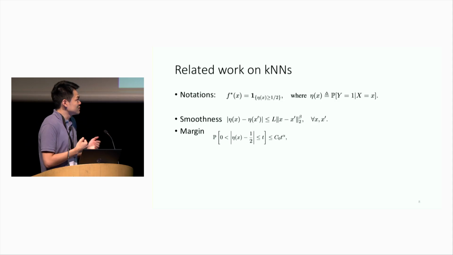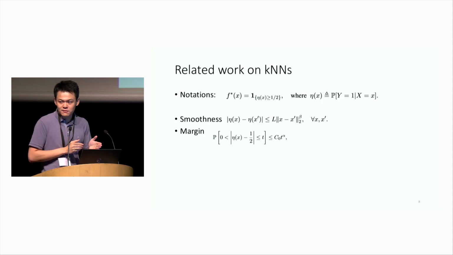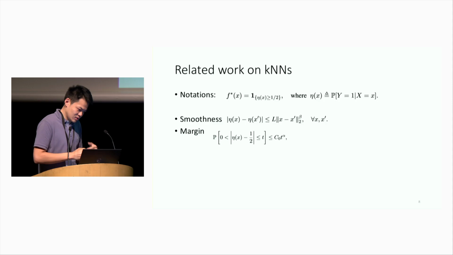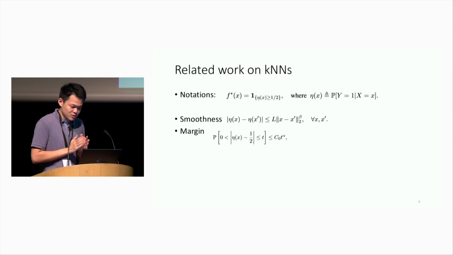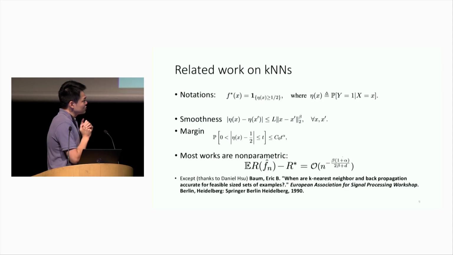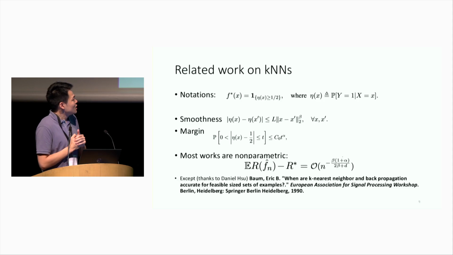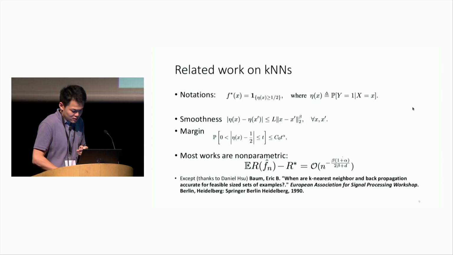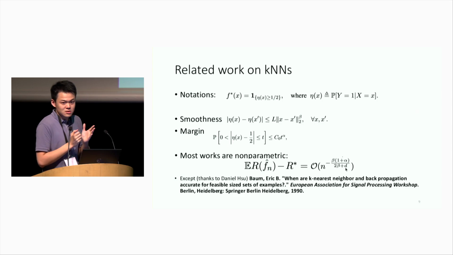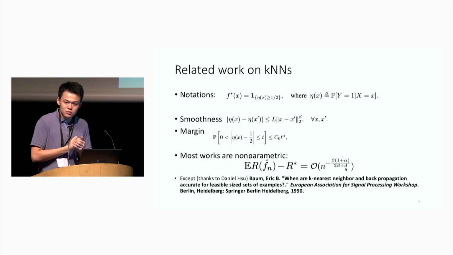The other is margin, which says eta has some nice property separating it from the 1/2 boundary. These are the typical smoothness and margin conditions in classification, not particular to k-nearest neighbors. Prior to our work, most of the known rates fall in this type of expression, and the thing I want to highlight is that alpha and beta are usually constants in order for the problem to be non-trivial.